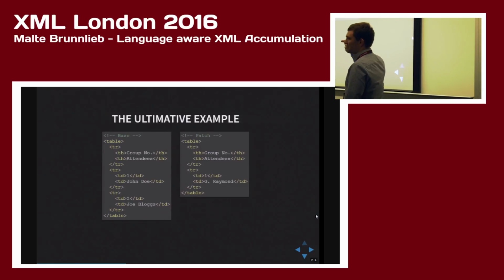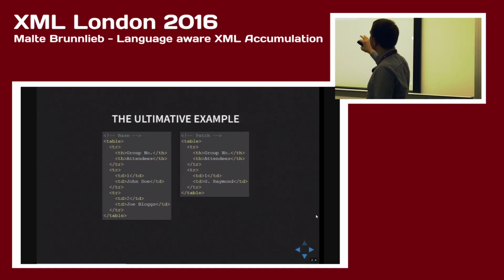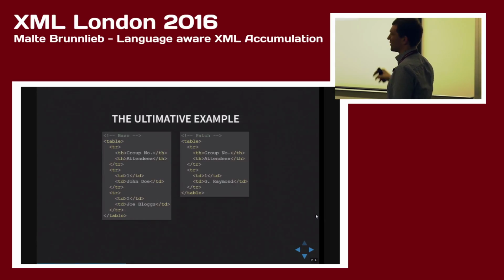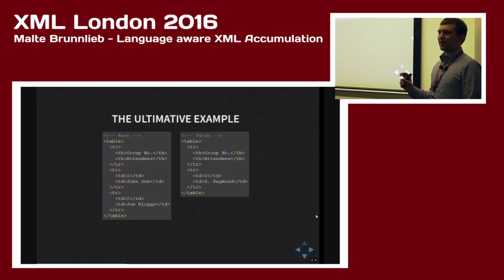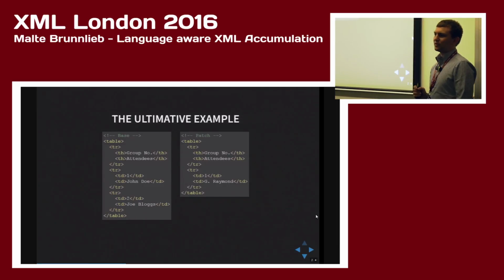And then we have in mind some more semantics. There's an identifier for each row. However, it's distributed over the whole document. It's not easily tackled by a generic merge algorithm trying to accumulate or aggregate these documents based on the XML meta language.